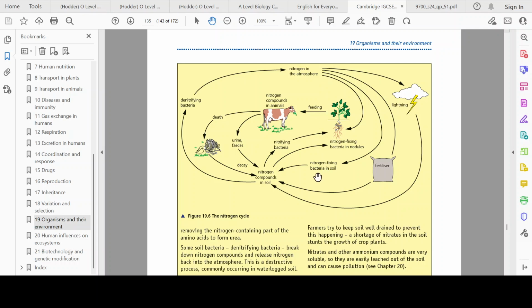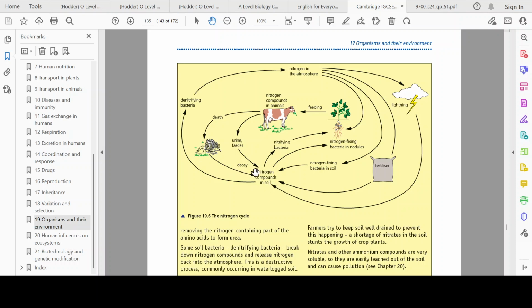Then there's nitrogen fixing bacteria in the soil directly. Then it's put into fertilizers, and lightning can also cause it to convert. With all of that, it's going to become nitrogen compounds in the soil. It will also come from the waste of animals and the decomposition of dead material, right?